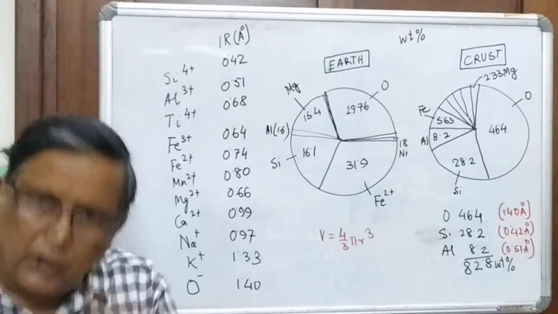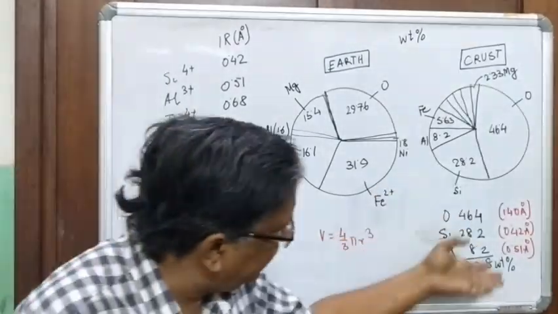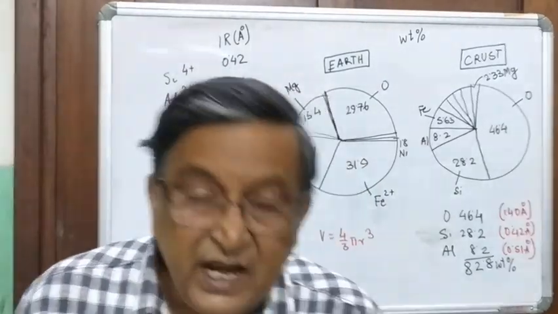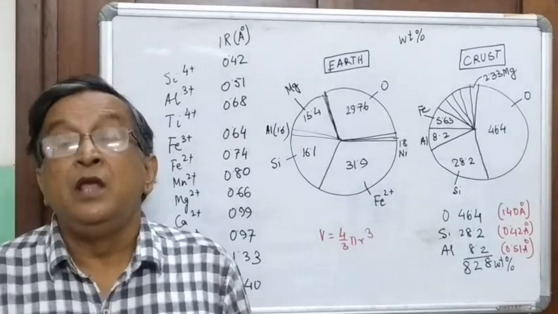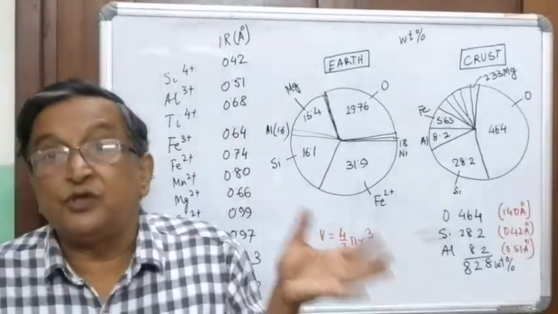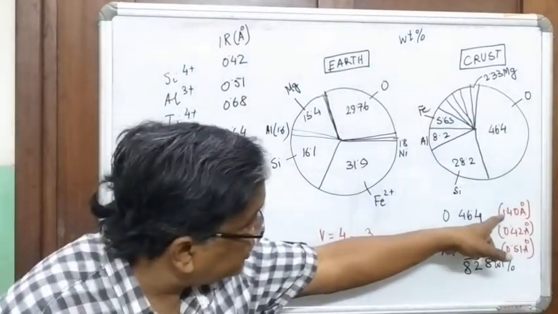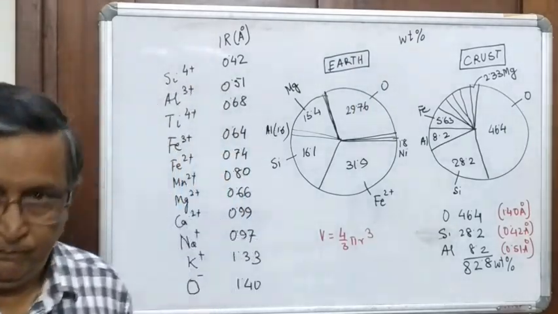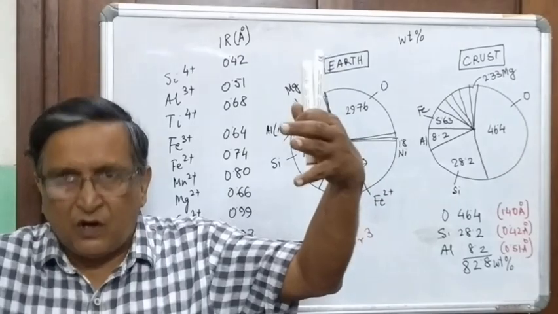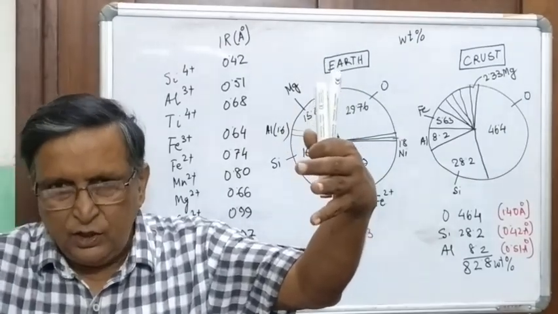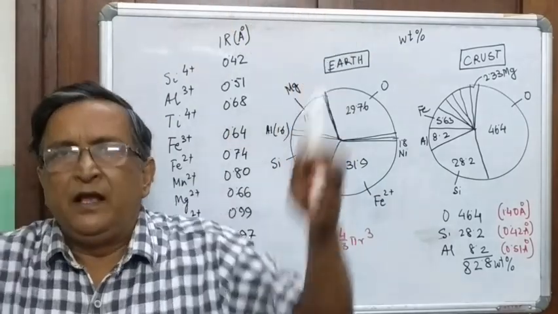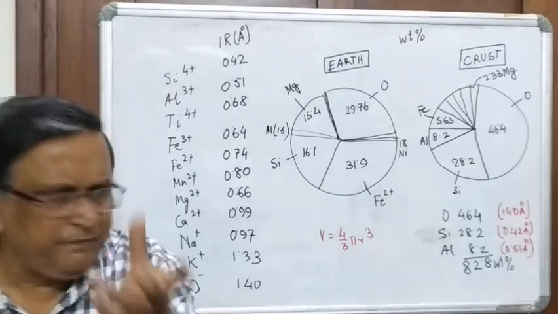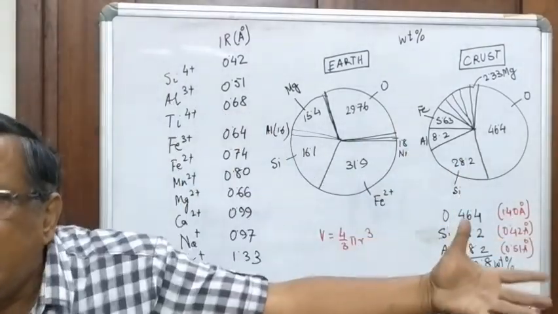So if you take the volume percentage of oxygen, silicon and aluminium in the crust, they would consist of more than 94%. 95% of the Earth's crust is by volume oxygen and silicon, out of which oxygen is way dominant, about 82% by volume. So if you're looking at the crust of the Earth, what will you look at? You will look at oxygen, which is almost half of it, and each atom is very large.